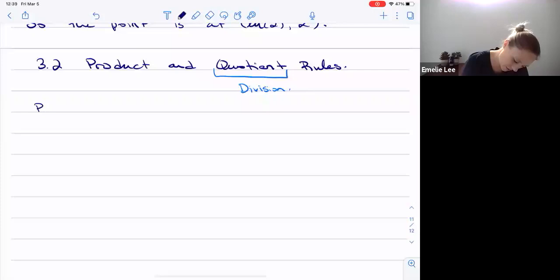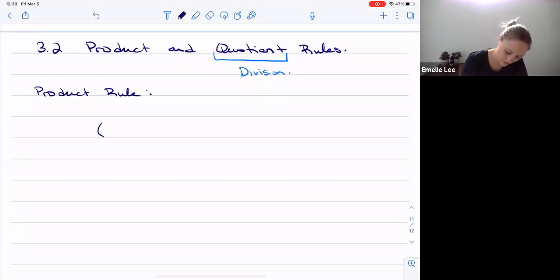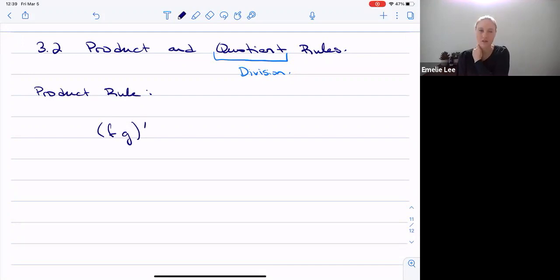So the product rule, just in prime notation. Now I've got f and g, which are two differentiable functions, and they're being multiplied together. If I have to take the derivative of this, what we have to do is this becomes the derivative of f times g, plus f times the derivative of g.